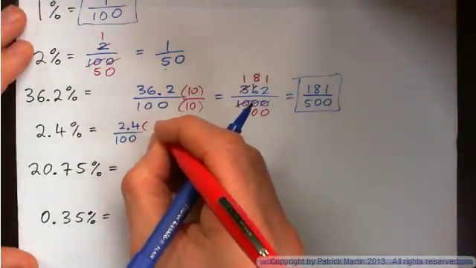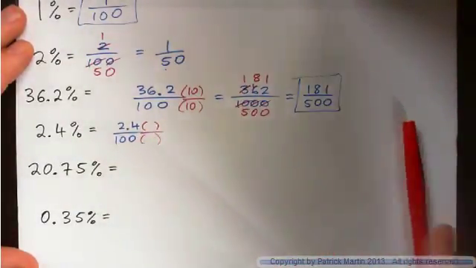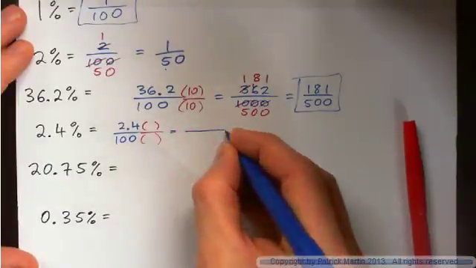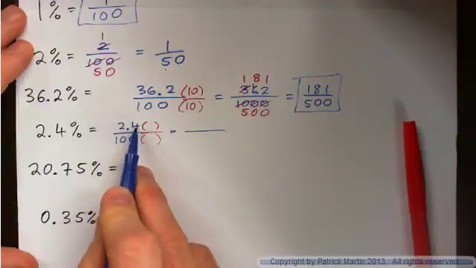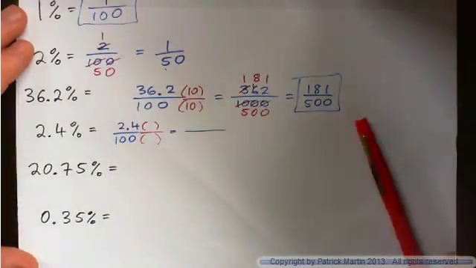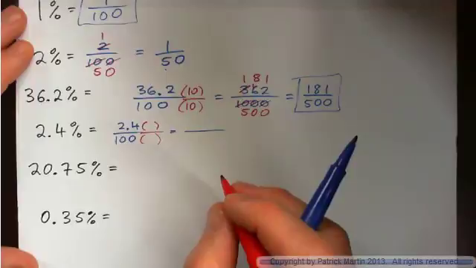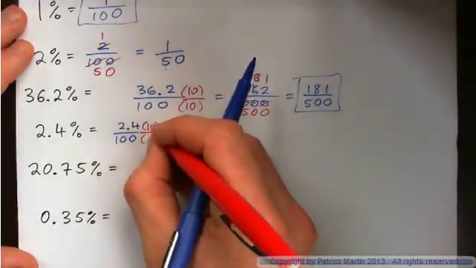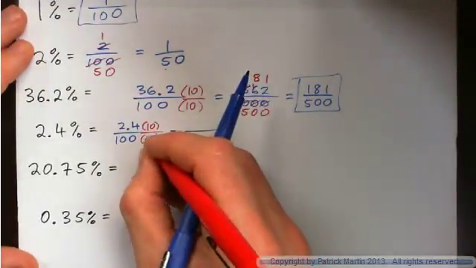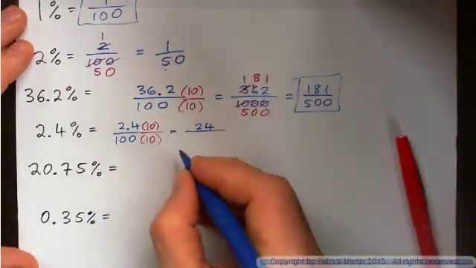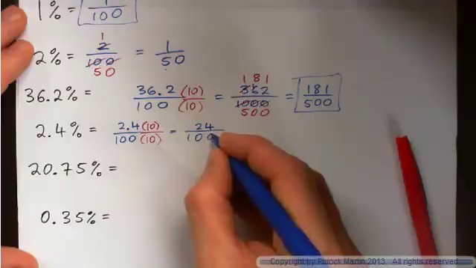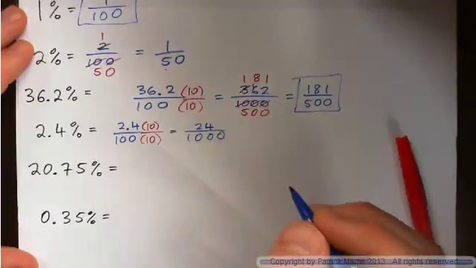Now if I want to multiply this by something so that I get a whole number on the top, what do I do? Turn 2.4 into a whole number. What do you multiply it by? Multiply it by 10, right? And same in the bottom, right? So 2.4 times 10 is 24. 100 times 10 is 1000.